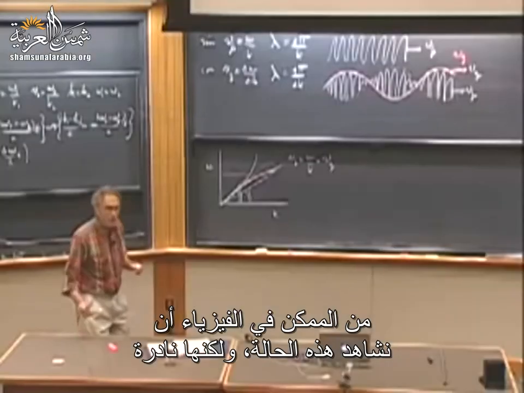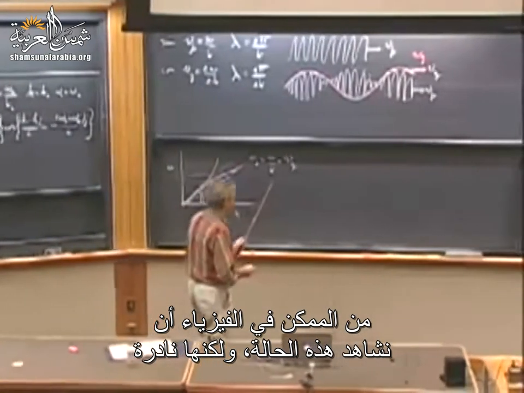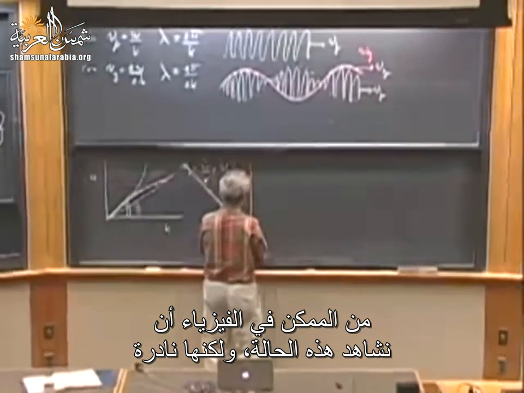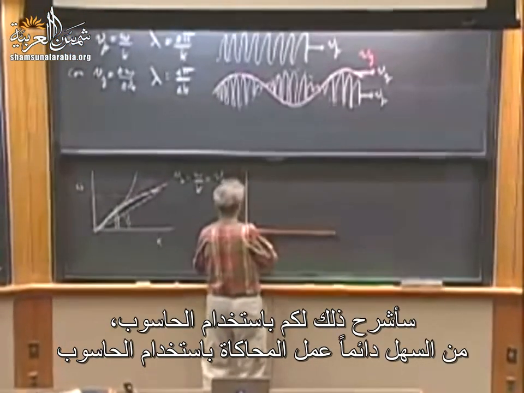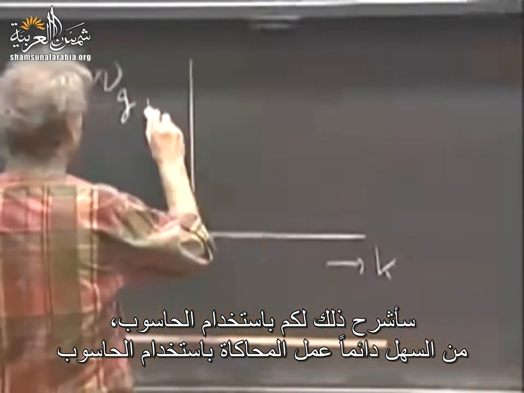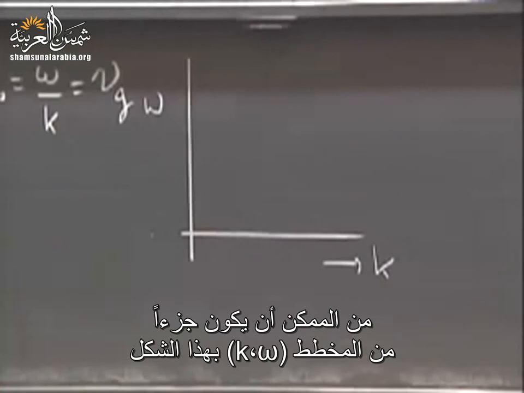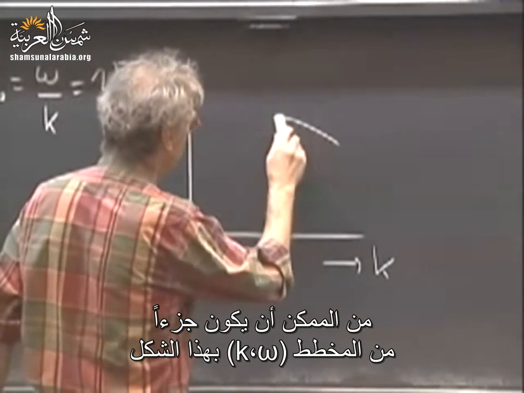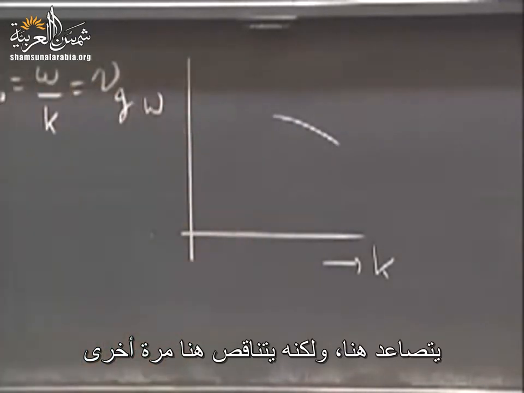It is even possible in physics, but it is a rare case, that you have this situation. And I will demonstrate it to you, but it's a computer simulation, so it's always easy to do that on a computer. It is even possible that there are parts of the omega-k diagram which go like this. They may go up here, but they go down again.